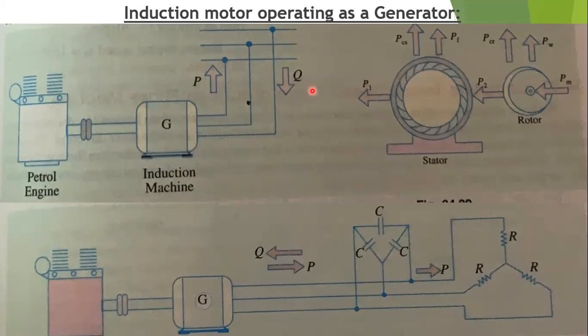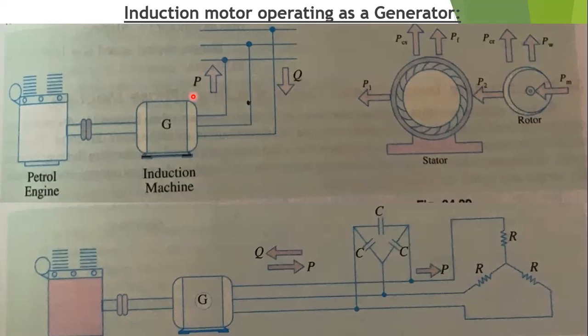That is reactive power. The active power P is directly proportional to the slip, above synchronous speed only, that is, greater than Ns.